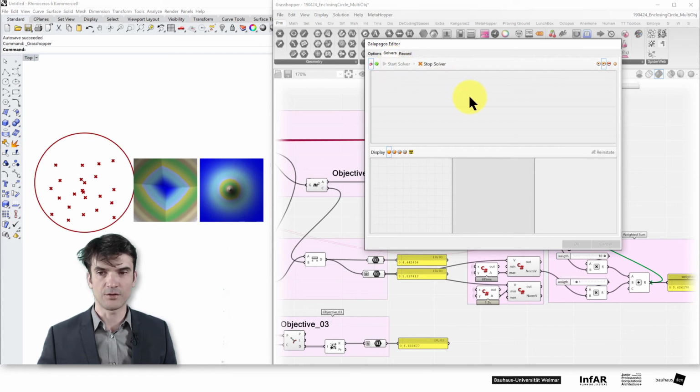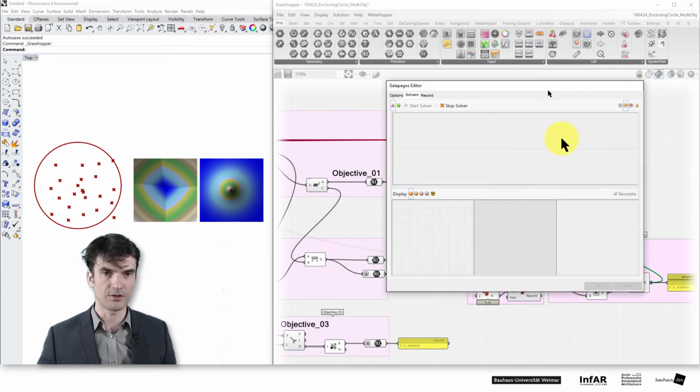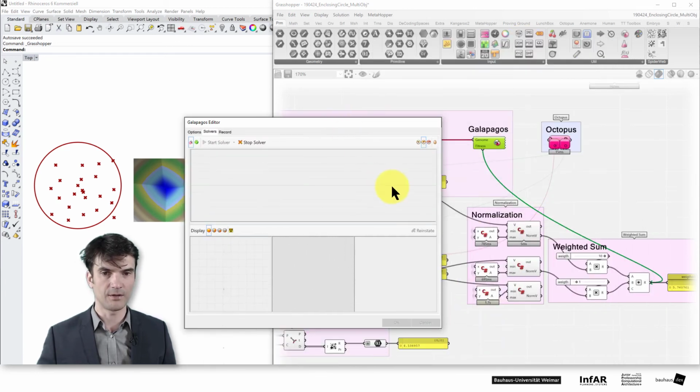So we will come closer to our minimum bounding rectangle as we have found it for objective 1 in the first example, or in the original example where we only used one objective. Excuse me.